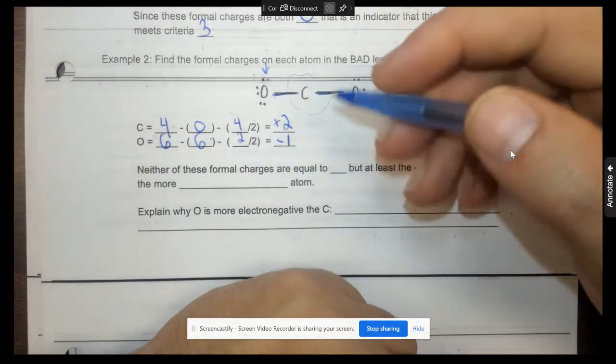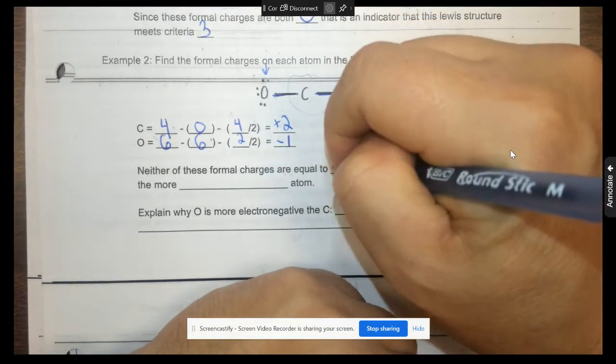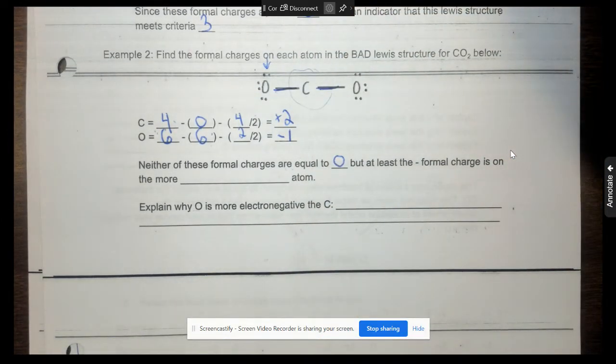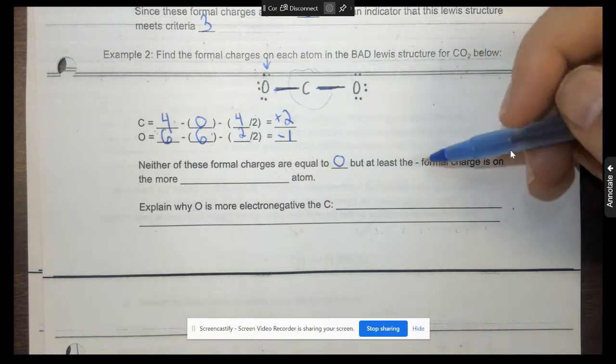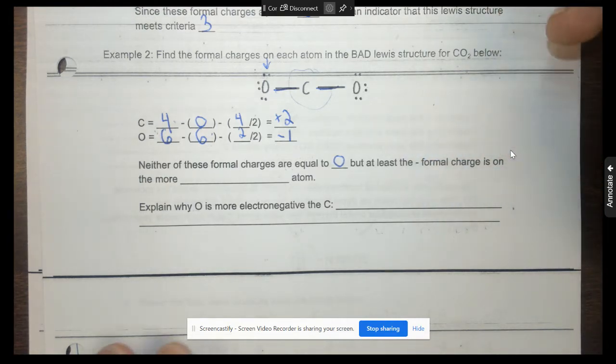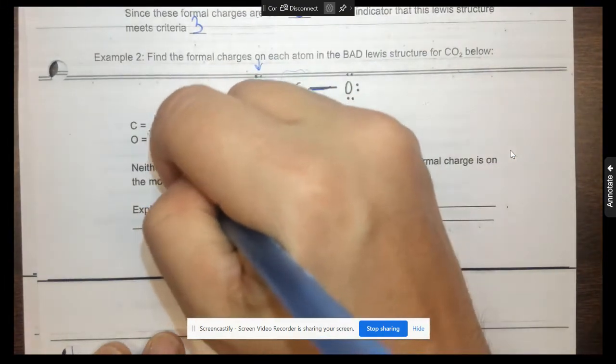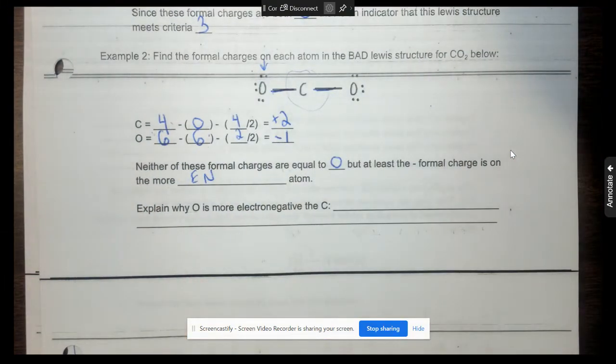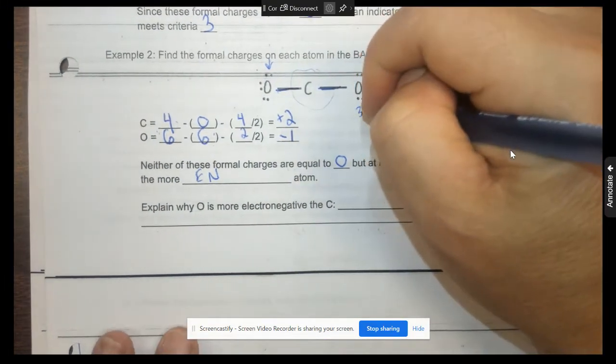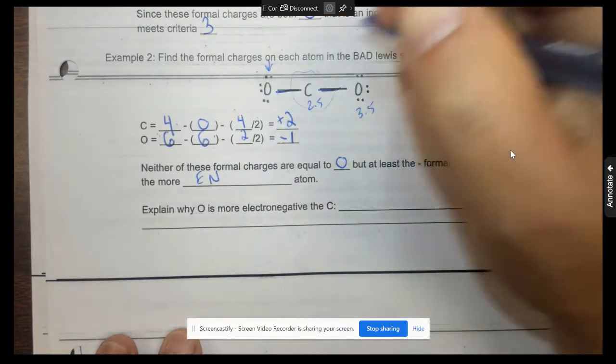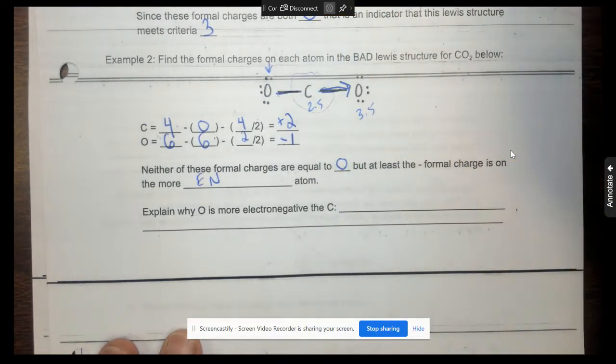So since neither of these formal charges are equal to 0, it does not meet criteria 3. But at least the negative formal charge is on the more electronegative atom. You see, oxygen has a higher electronegativity than carbon, so the electrons are going to be pulled this way.